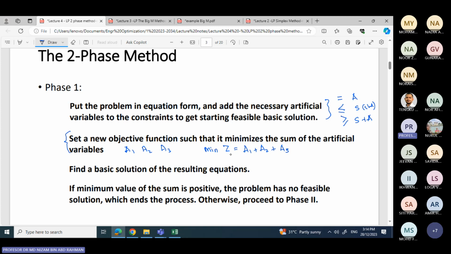So you want to minimize the sum of the artificial variables. That's the first thing that you need to do.